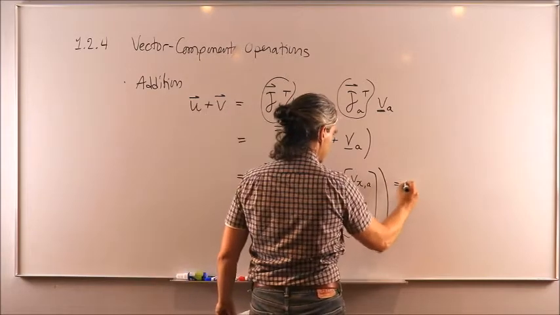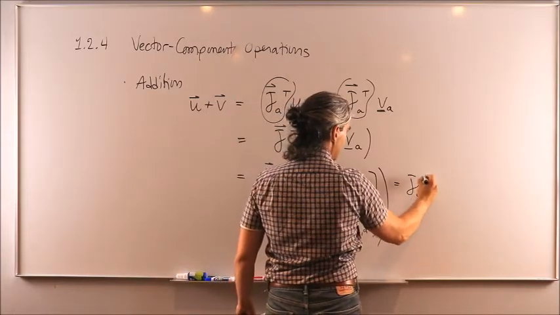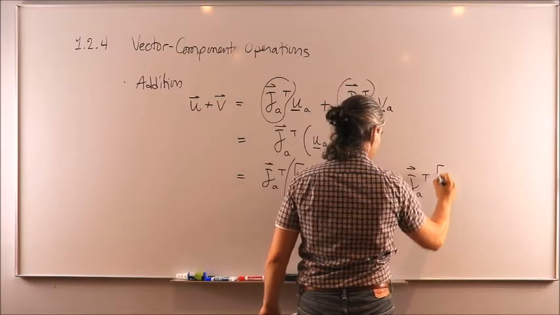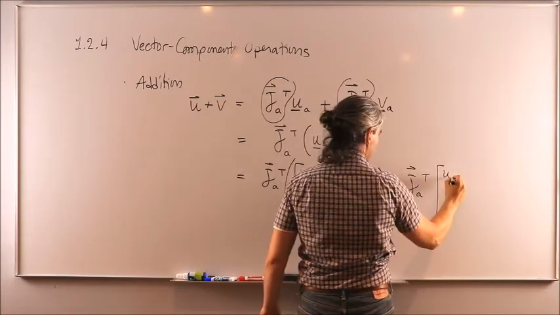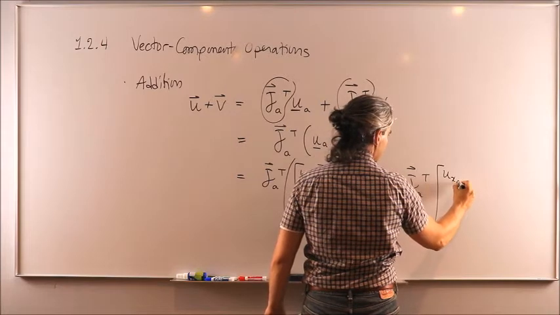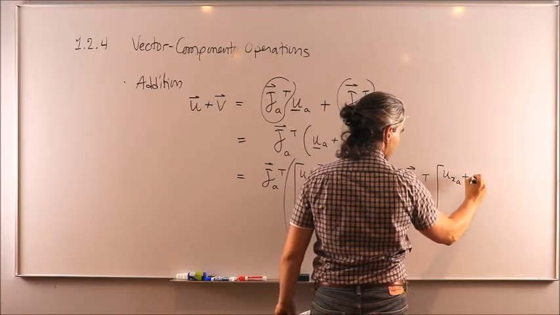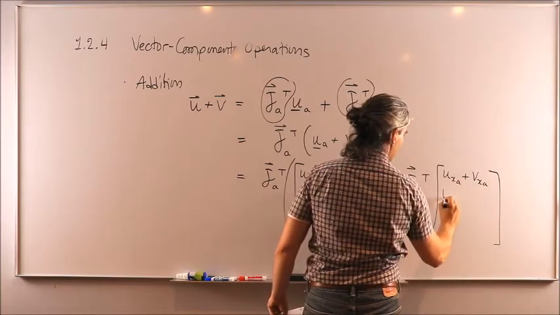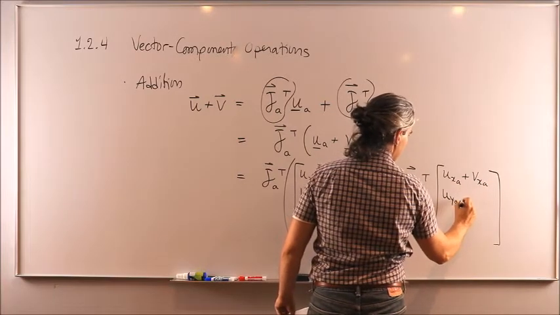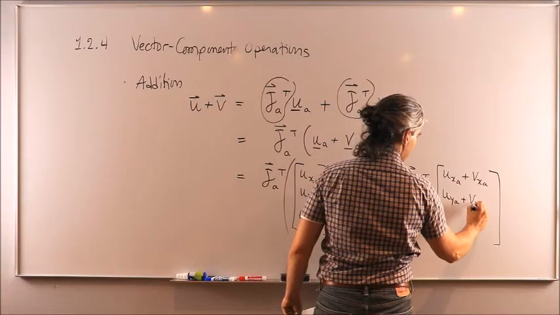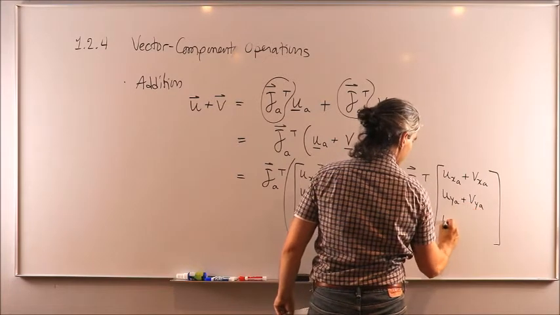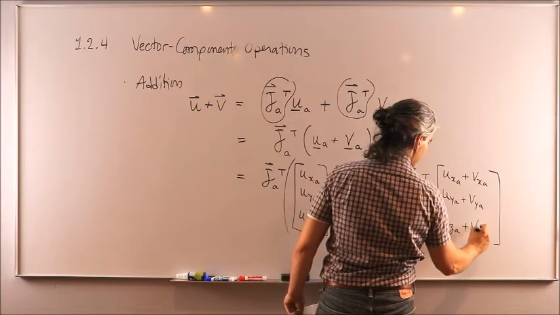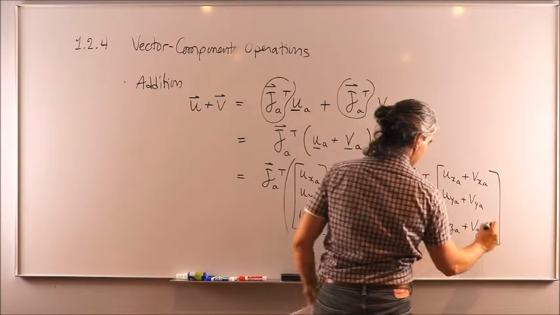Or ultimately just say that this is the transpose of the vectrix A times the x components in reference frame A added together, the y components in reference frame A added together, and the z components added together on both vectors, like that.